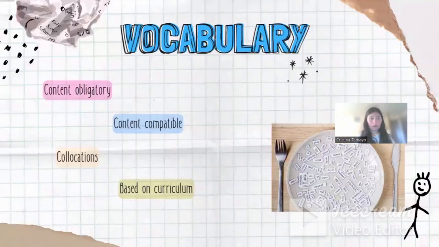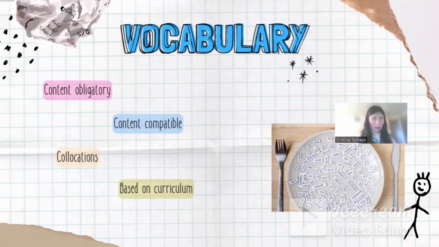And finally, the vocabulary that our students need to learn. First, we have content obligatory, then content compatible, then collocations, and finally vocabulary based on the curriculum. Content obligatory is essential to mastering the language.